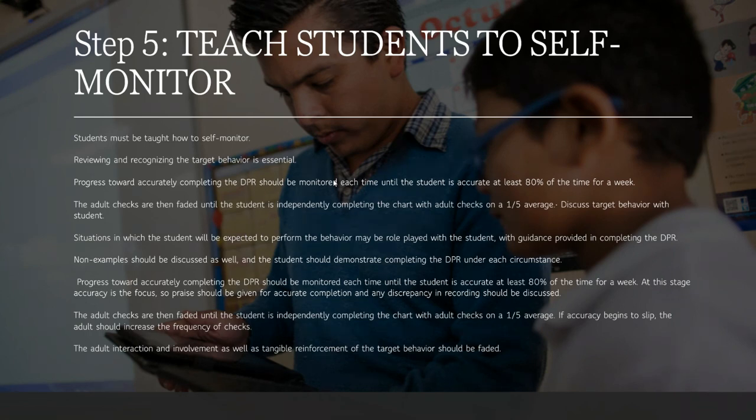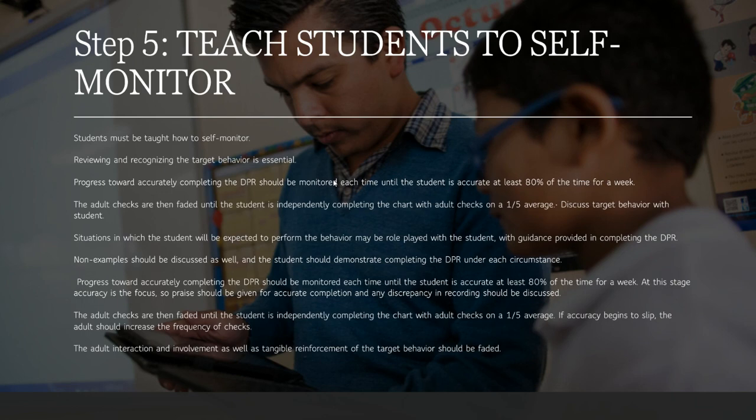When we're teaching students about self-monitoring, role playing is going to be very helpful. It's very important to discuss non-examples as well as examples of those target behaviors. We're going to be teaching students how to complete that daily progress report and making sure they understand how to complete it accurately.